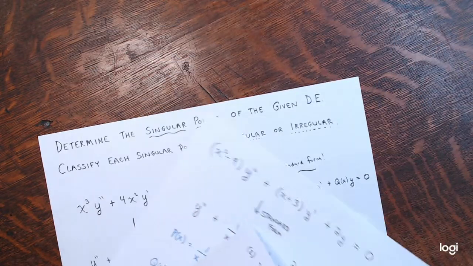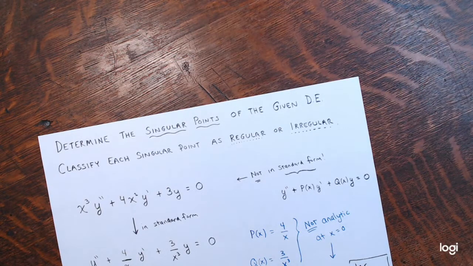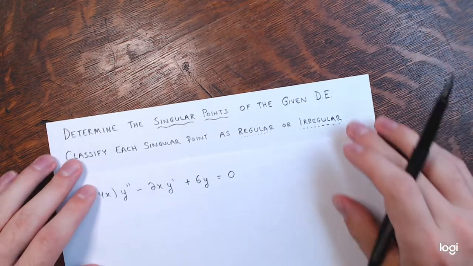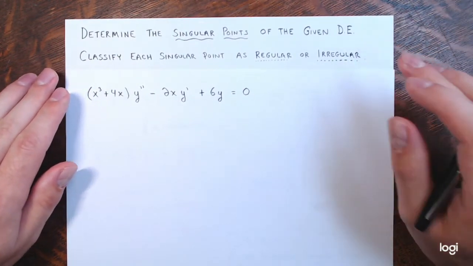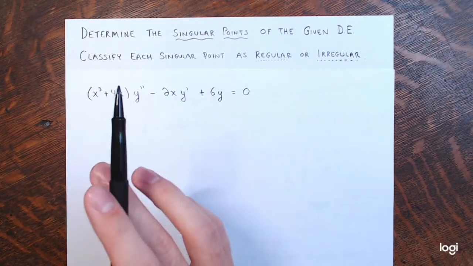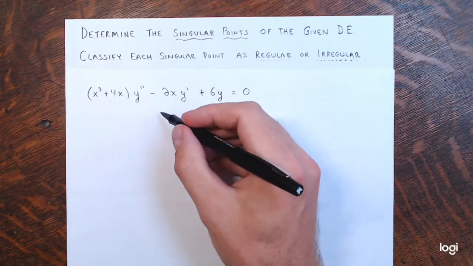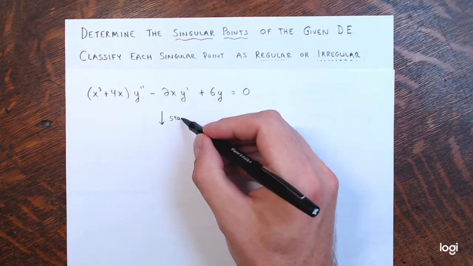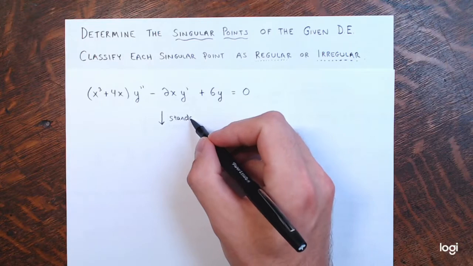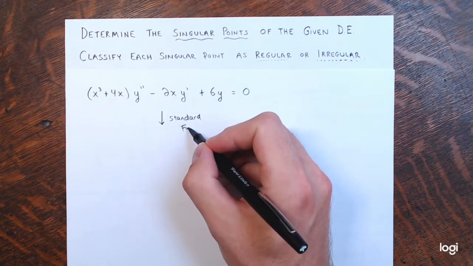All right, so let's look at another one. So again, all polynomial coefficients here, not in standard form. So I'm going to get in that standard form with the lead coefficient of 1 and simplify the other coefficients.